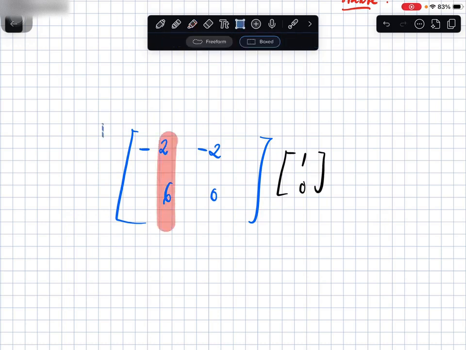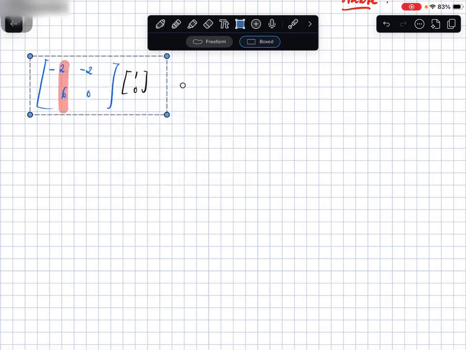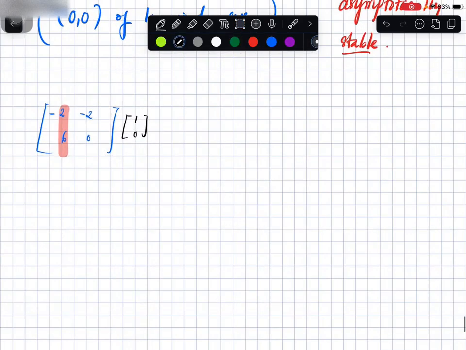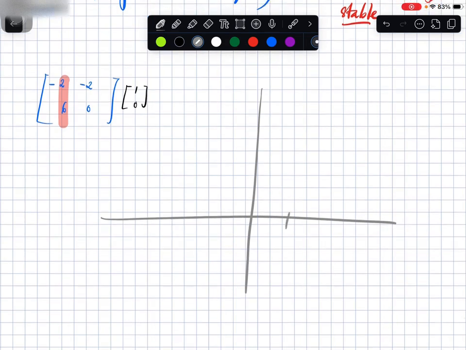(-2, 6). So we know the direction. Here is (1, 0), and (-2, 6). So it should give us these vectors, and you see the direction is the same.